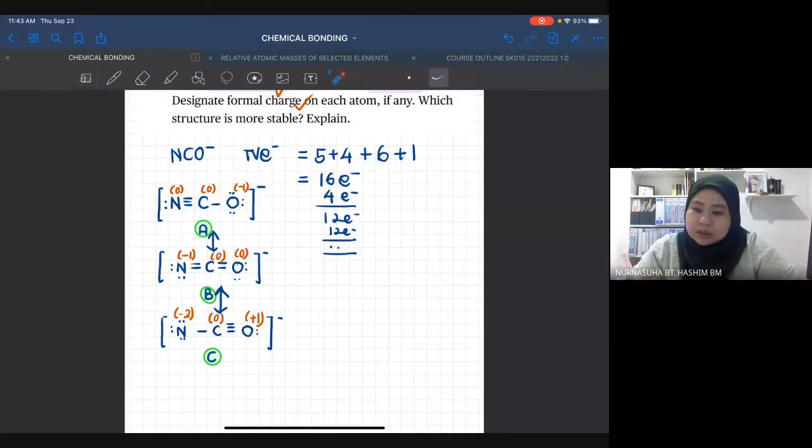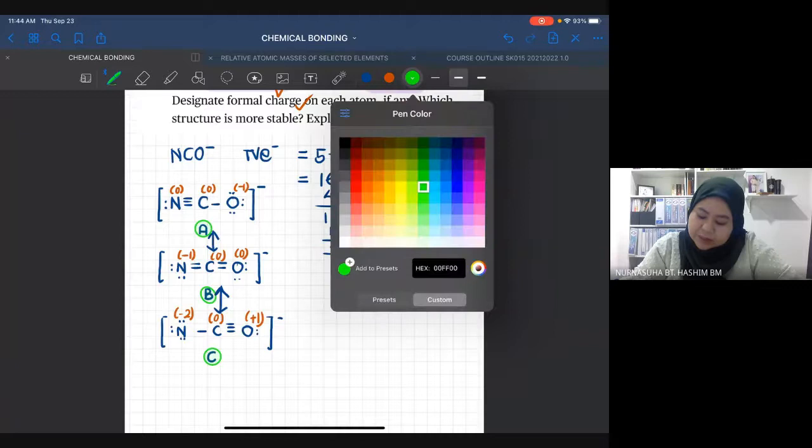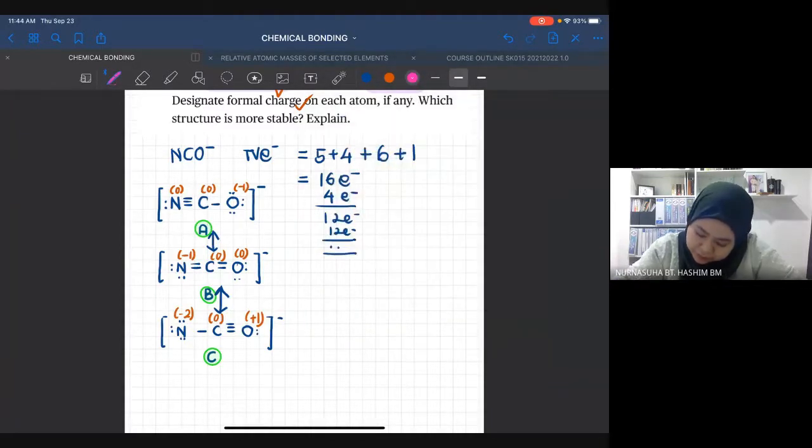So, I told you guys before this, nak cari yang paling stable, kita kena tengok yang mana yang paling elektronegatif. So, between O and N, oxygen is more electronegative lah. So, remember, electronegative atom prefer negative formal charge. So, tambah nota sikit.